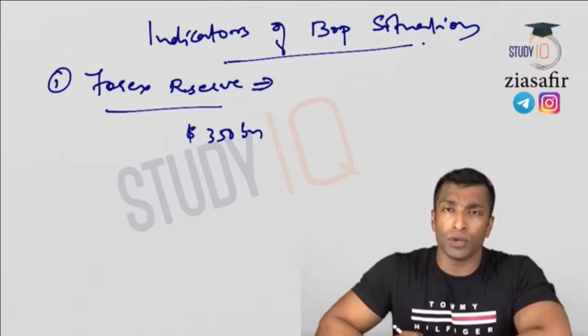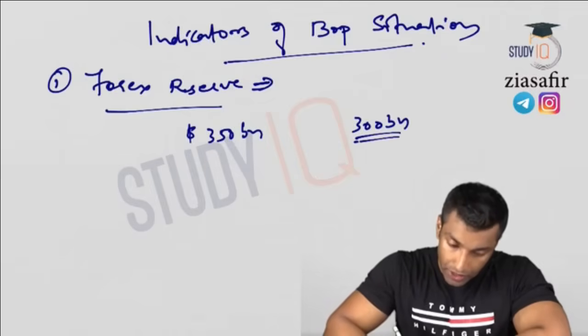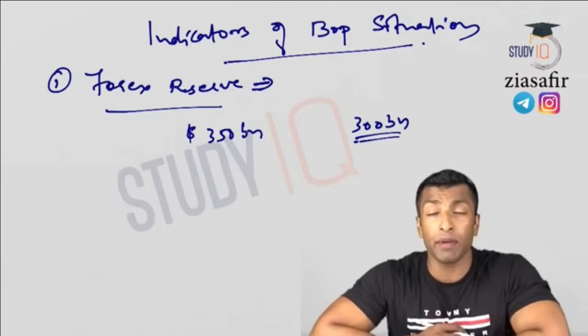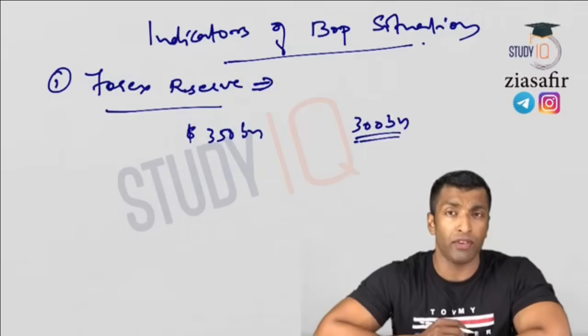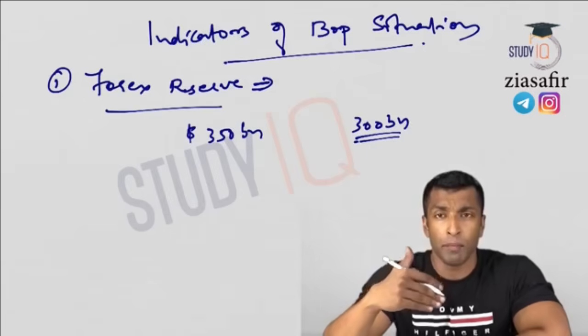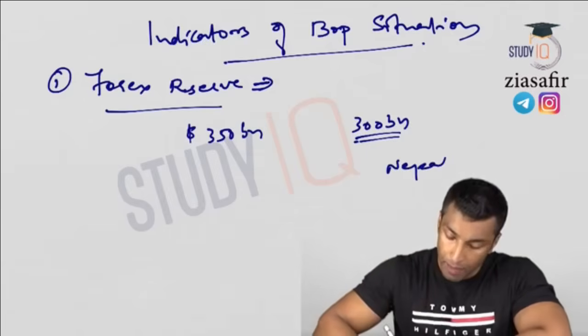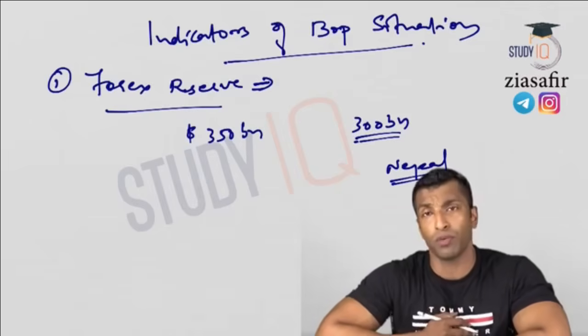Okay, so what I want to tell you is, if you take India, when I'm talking about 300 billion, it may be required because we have a bigger, huge economy, and we have huge imports, so we may need this much. But Nepal is a very small country, their import may be minimum, so they don't want this much, right?